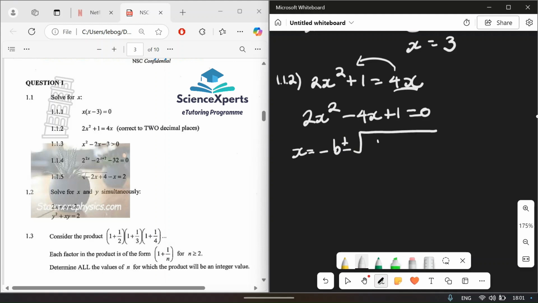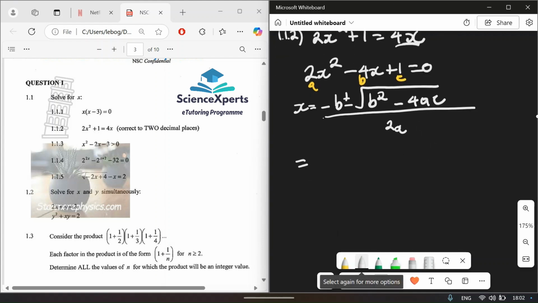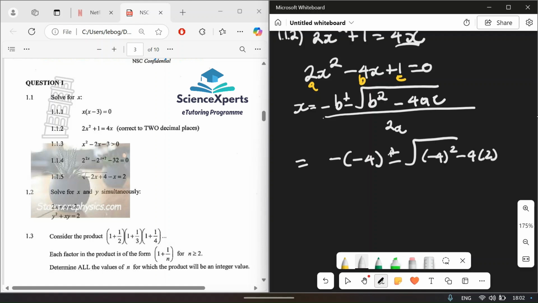b squared minus 4ac all over 2a. So you know that this is the a value here, the b value there, the c value there. So we have to substitute everything into the formula. So b is negative 4, so we'll have negative into negative 4 plus or minus the square root of negative 4 squared minus 4 into 2 into 1, all over 2 into 2.